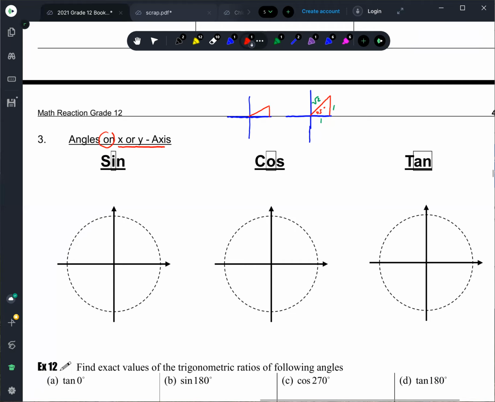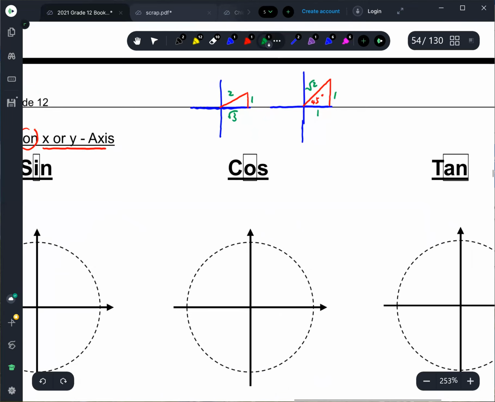What are the three sides now? 2, 1, and root 3. Yeah. And the opposite side should be what? 1. Yeah, very good. So 1 and then root 3 and then the 2, right? So we have a 30 degree for this one.